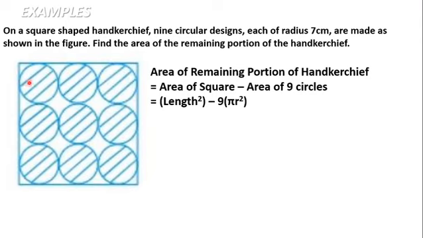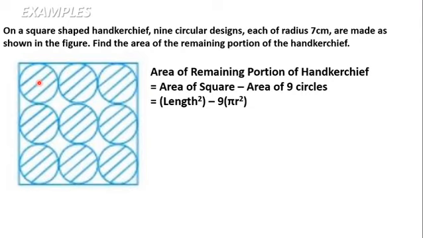Now we know that the radius is any line from the center of the circle to any part of the circumference, and it means that from somewhere here, which is the center of this circle, to the circumference is 7 centimeters. But we also know that radii are equal in any direction. So it means that if we begin from the center of this circle to the other part of the circumference, it will be another 7 centimeters. I'm sure you are well aware of that.